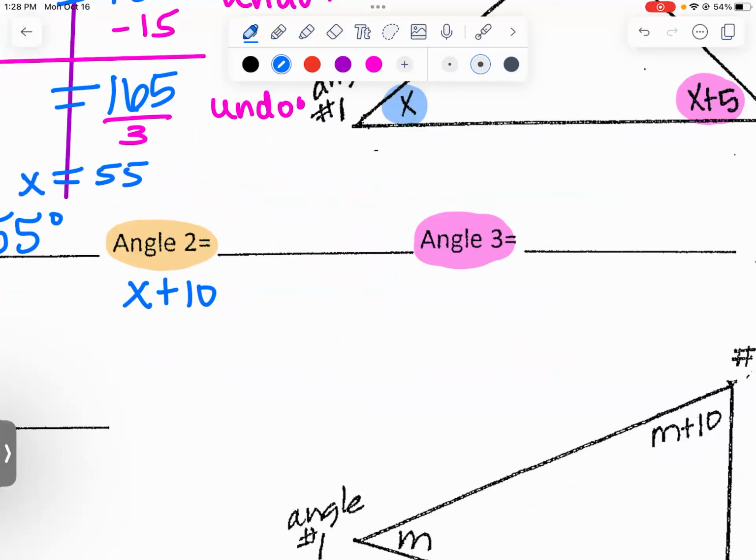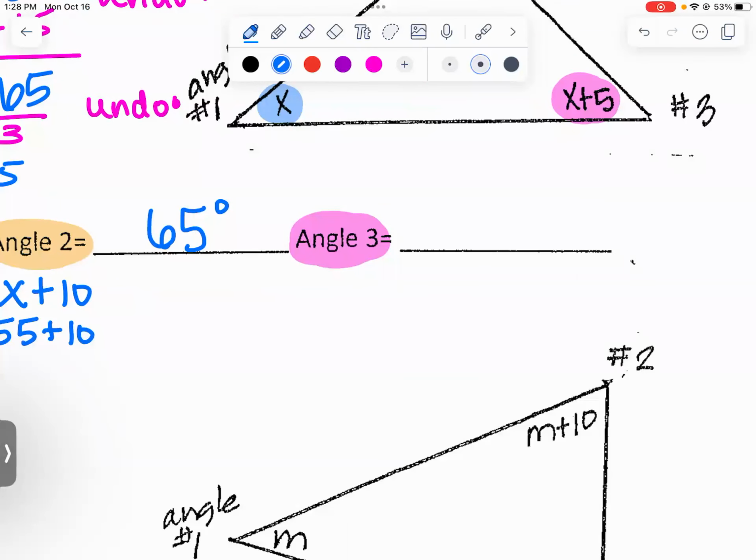Well, if x is 55, then x plus 10 would be 65 degrees. It says angle 3 is x plus 5. And if x is 55, then x plus 5 would give us... pretty obvious question. Actually, guess what? That's where we are right now.